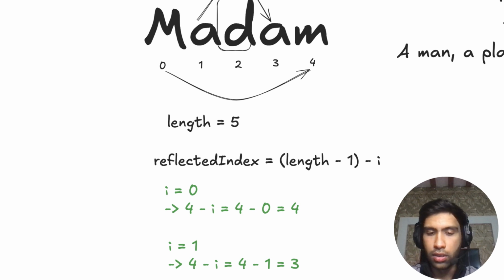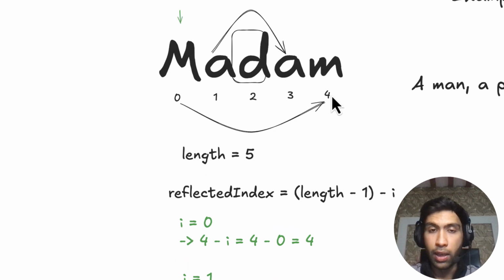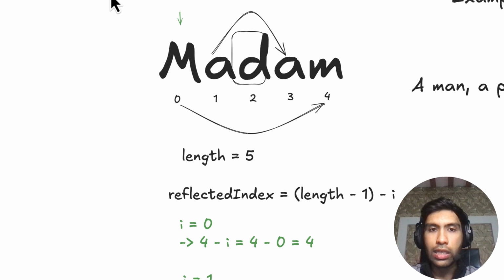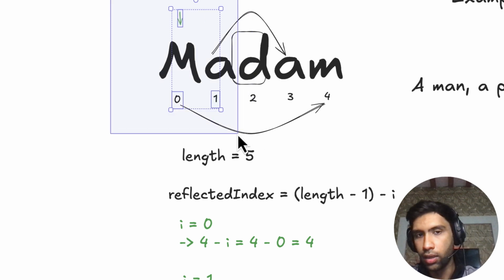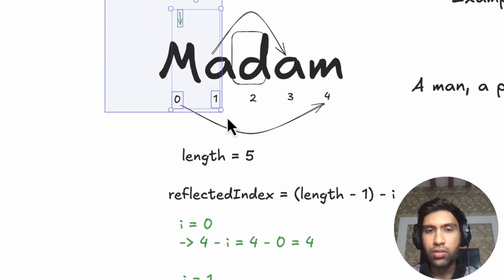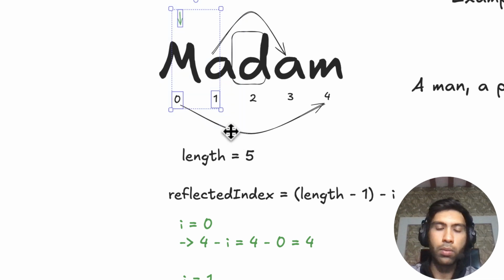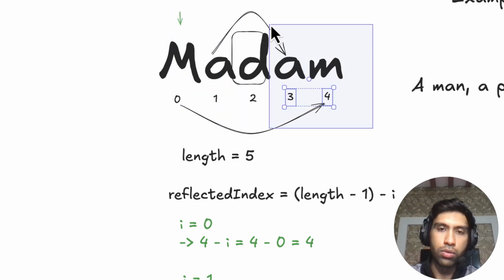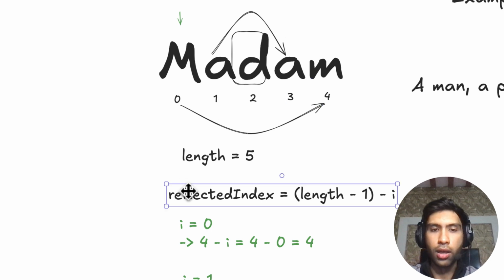In this case, 4 minus 3 is 1, which is essentially pointing back to itself. However, for our palindrome problem, we only need to iterate up to and before the midpoint. If we can figure out these two values, we should be able to get them from our reflective index formula. And then using that, we can check if this string is a valid palindrome or not.